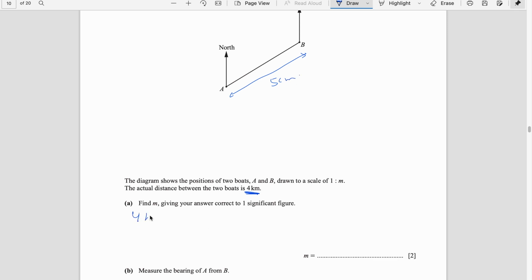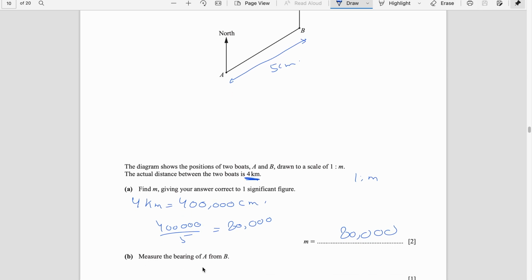So 4 kilometers is basically 400,000 centimeters, and you divide it by this 5 centimeters. So 400 by 5 is 80,000. So it is 1:m, which is 80,000.